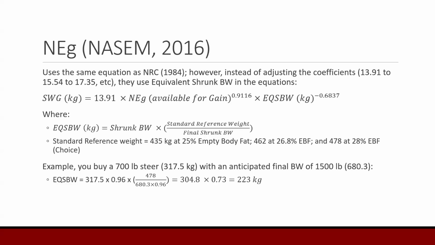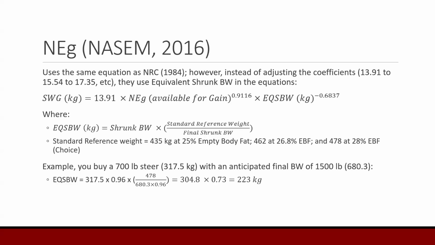So that old equation would adjust from 13.91 to 15.54 to 17.35 there. However, now we're going to use equivalent shrunk body weight as that adjustment factor for frame size of animal and body weight as a proportion of their final body weight at 28% empty body fat. Does that make sense?